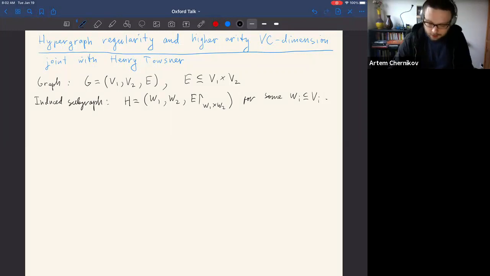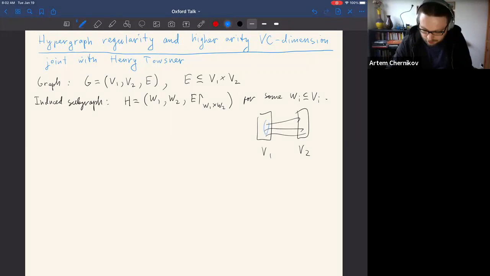Okay, so we have graphs of this form V1, V2, some edges, and an induced subgraph is when we fix some subset of each side of the partition, and we look at all edges induced from the relation of the original graph, restricting to this product of these two subsets. Okay.